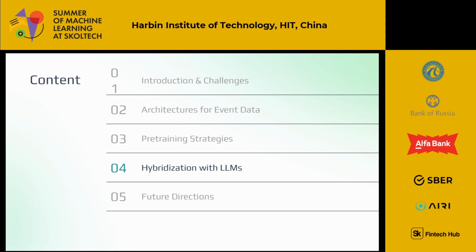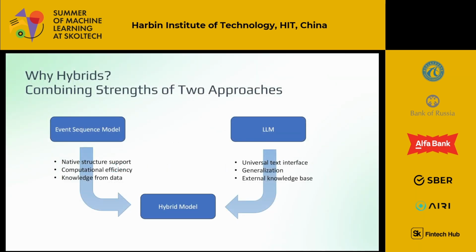They have external knowledge, and on the other side we have narrow models for sequential data, and we want to use the benefits from both approaches to make some hybrid models which will work with both kinds of data, language and specialized sequential data.